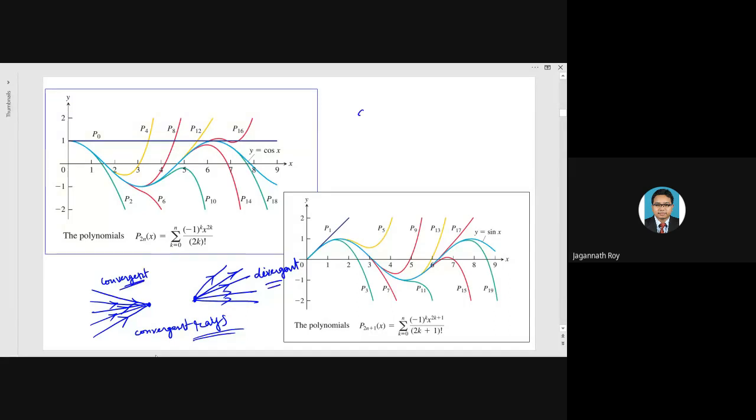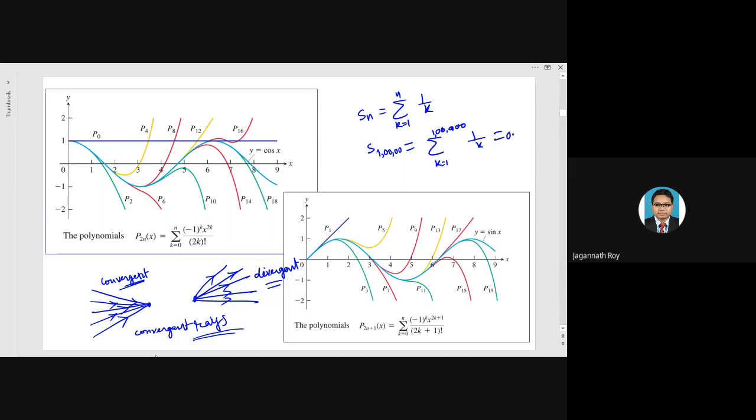For example, if you take Sn equals the sum from k equals 1 to 1 lakh of 1 by k, which means you will take the sum of the first 1 lakh terms, then the later terms will be very nearly 0.